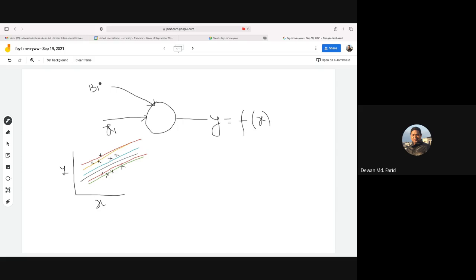Bias is always one, so the input of this bias is always 1. You can consider this bias as x0, right?